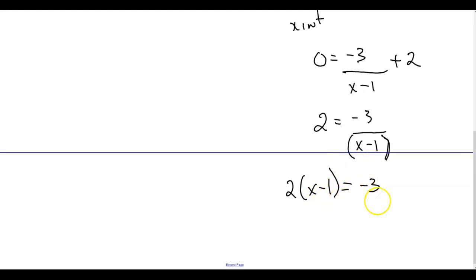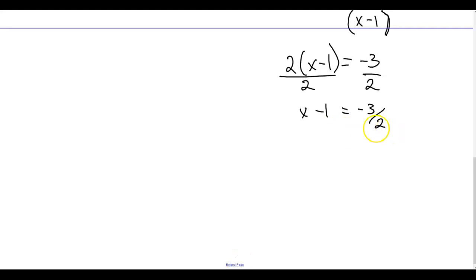So once we have that, we can go ahead and solve this. You can distribute through, but I'm not going to distribute through first. I'm just going to go ahead and divide by 2. I can save myself a little step in there. So if I divide by 2, now I have x minus 1 equal to negative 3 halves. And then I have to add 1 to both sides to make that 1 on the left-hand side go away.